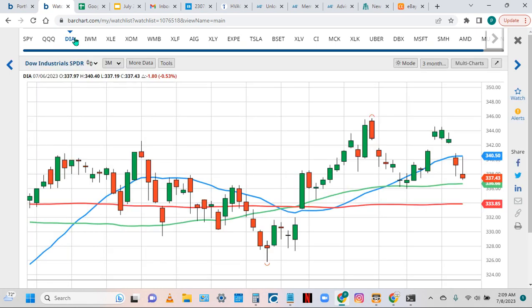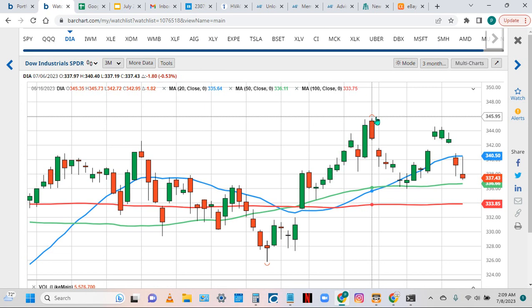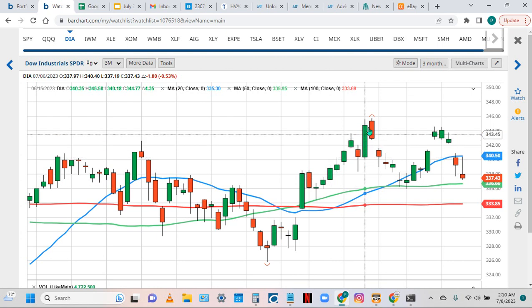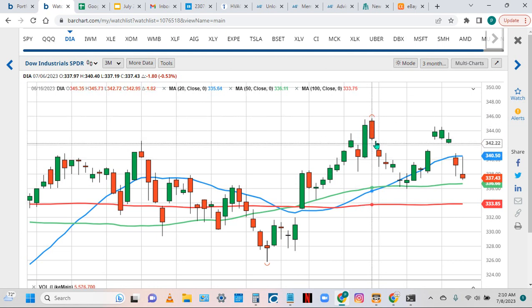When it comes to the Dow Jones Industrial ETF, DIA, referred to as the diamonds, we can see a general sideways trend. We did have a momentum move up into the middle of June. Then ended that move with a large green candle and then a large red candle, another gap down, another red candle.